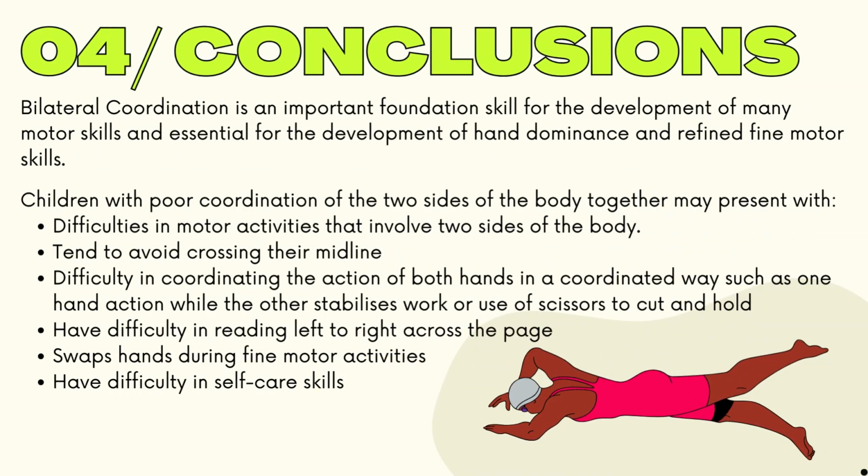As for the conclusion, bilateral coordination is an important foundation skill for the development of many motor skills and essential for the development of hand dominance and refined fine motor skills.